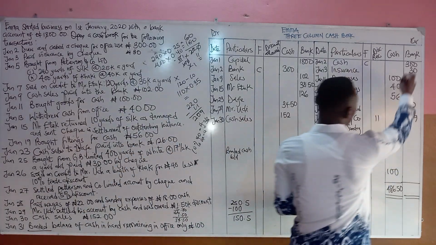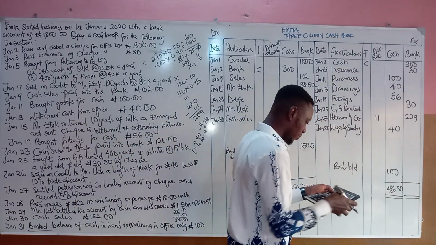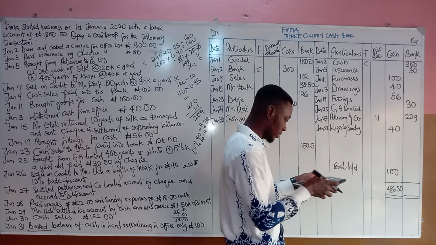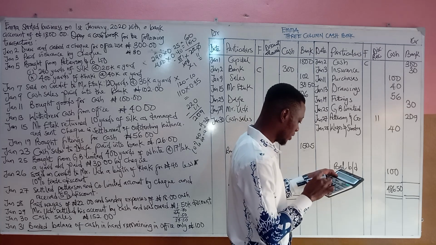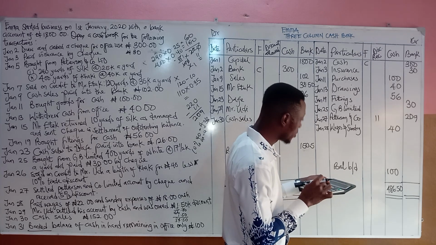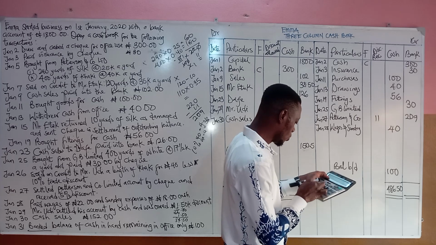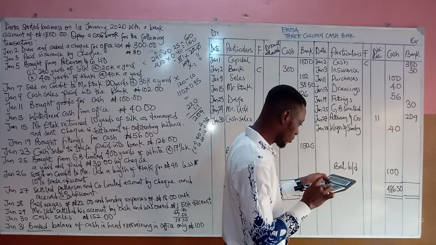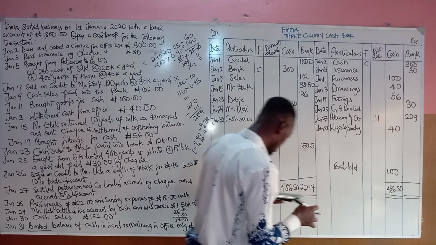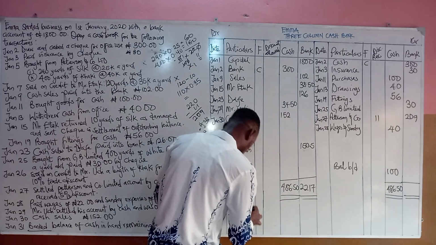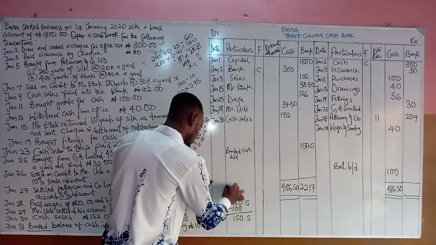I'll add all of this together. I have 300 plus 30 plus 30 plus 209. That will give me 569.